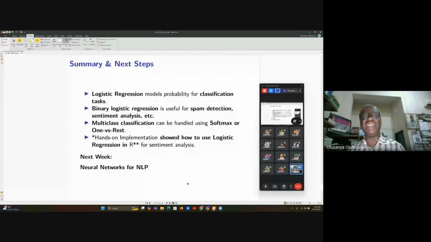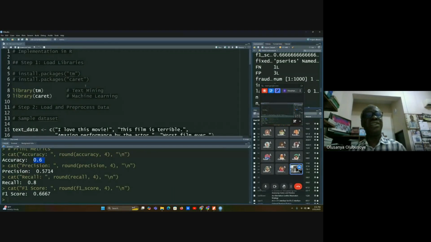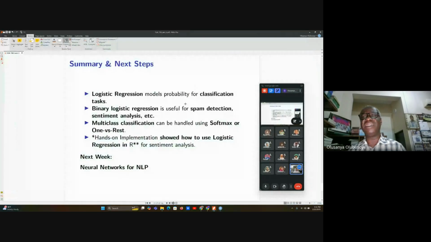I use my PowerPoint, and I also use my R package. You think that will be easy if it's physical?